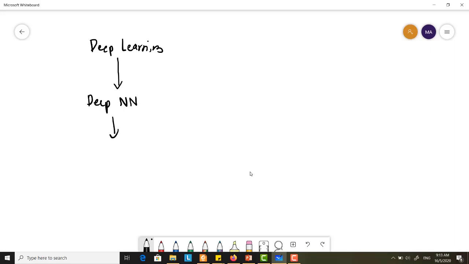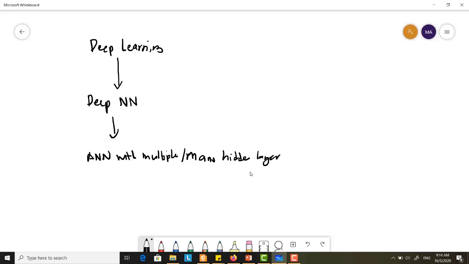It is an artificial neural network with multiple or many hidden layers. In this course we will use this definition: if I talk about deep learning, it refers to deep neural network, which is actually a deep ANN, an artificial neural network with many hidden layers.